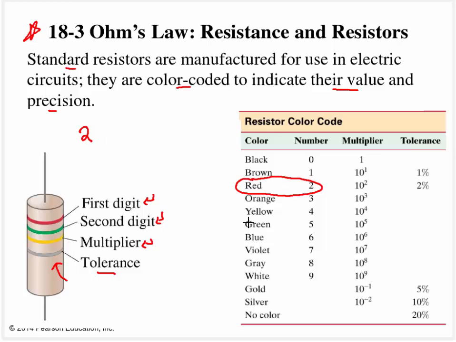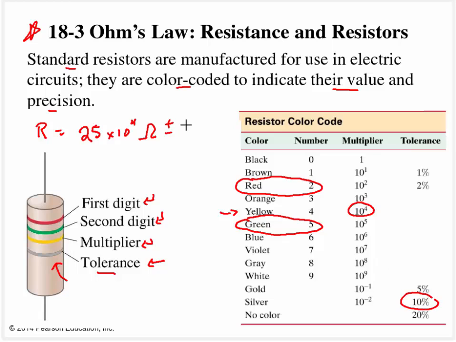Our second digit is green, so we're going to write down a 5. The multiplier is yellow, so this yellow guy right here has a multiplier value of 10 to the 4th. So that tells me that my resistance is 25 times 10 to the 4th ohms. Now, the tolerance of this guy, it's got a silver band, so it's going to be plus or minus 10%.